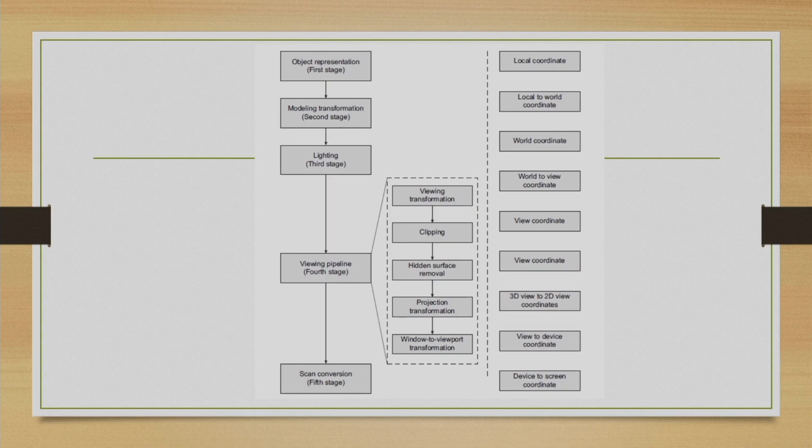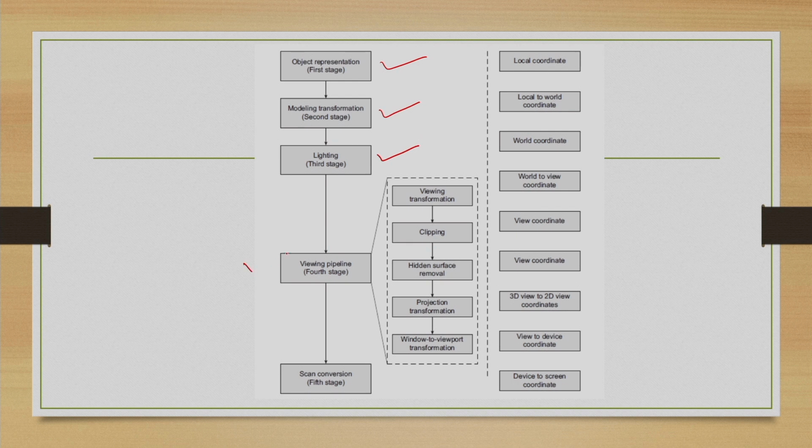As usual, we will start with a quick recap of the pipeline stages that we are currently discussing. As you may recollect, there are 5 stages in the graphics pipeline. First stage is object representation, second stage is modeling transformation, third stage is lighting or assigning color to the surface points.